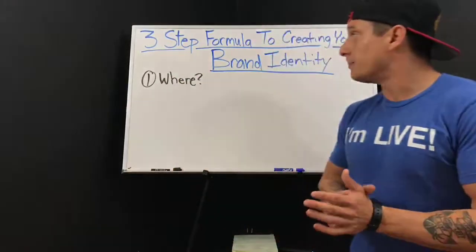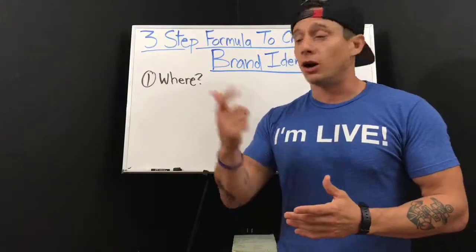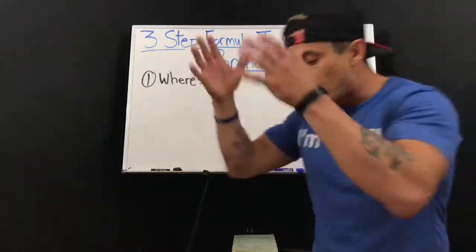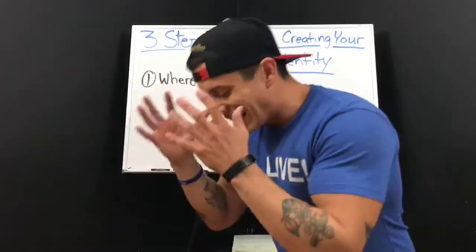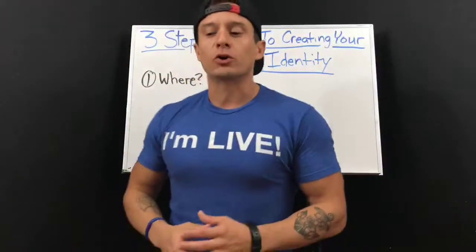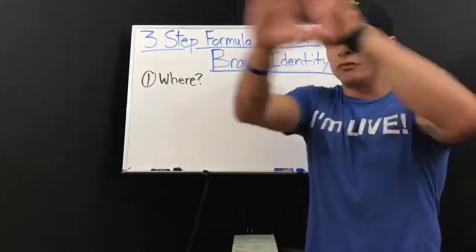Well, the first question really becomes, where is your audience hanging out online? Are they on Facebook? Are they on Instagram? Are they on Snapchat, YouTube, LinkedIn? Like, where can you go find your ideal customer? Now, you guys, later in the course, we're going to talk about creating an omnipresence, which really is just a fancy way of saying I'm being everywhere at once.